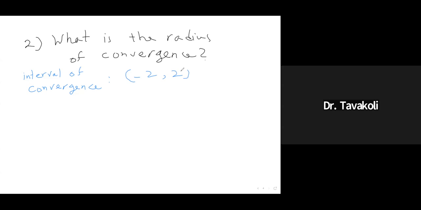Now, what is the radius of this interval? Meaning that from the center of this interval, the center of this interval is 0. So if I look at this interval on the real line, suppose this is the real line, -2 here, +2 here. The center of this interval is 0.